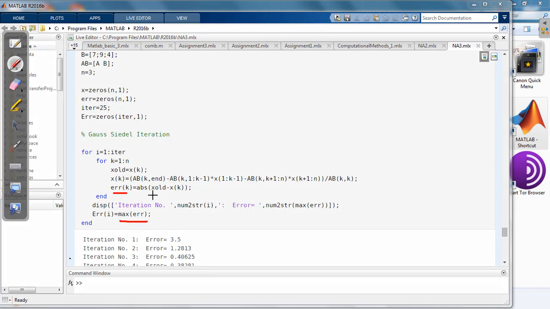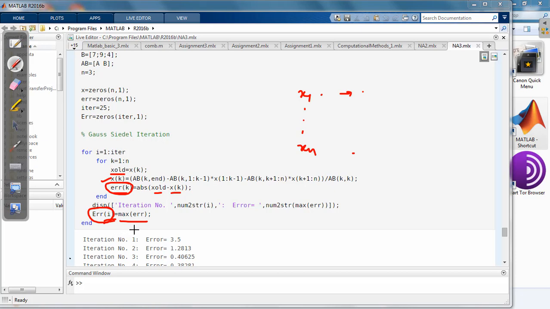As you can see, the error is defined as xold minus xk, because every time xold is defined, and then after that xk is modified. So xold minus xk goes into the error. For each of x1 to xn you are going to get some error, so the maximum of these is stored as the error in that particular iteration.